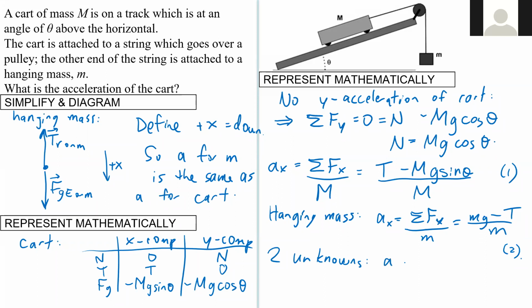The two unknowns are acceleration and tension. We need a. That's what we're asked for. We don't care about the tension. So what I'm going to do is solve for T in 1 and then plug in, and that'll eliminate the T.